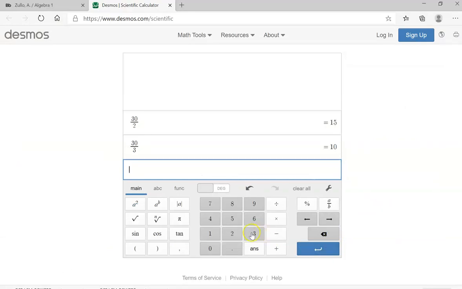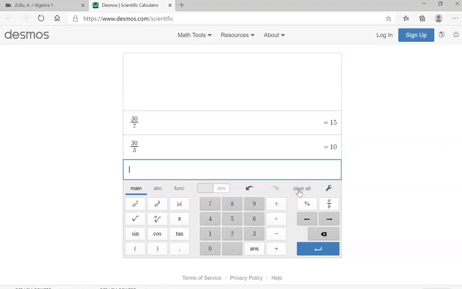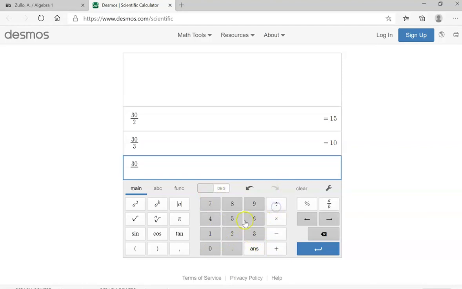We'll do it. The number that comes after 3 is 4. So 30 divided by 4 gives us a decimal. And we don't want decimals, so that's not a factor. I cleared that. So 30 divided by the number that comes after 4, which is 5. So 5 times 6, they're factors.